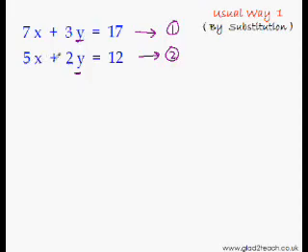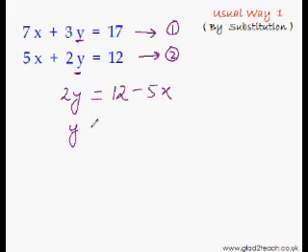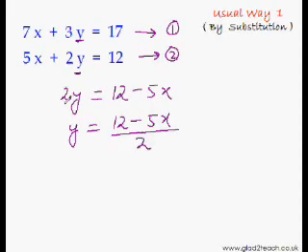So 5x plus 2y equal to 12. This means 2y equal to 12 minus 5x. Isn't it? When this positive 5x goes to the other side, it becomes negative 5x. Now take this 2 to the other side as well. You will have y equal to (12 minus 5x) divided by 2, as this 2 was being multiplied here.